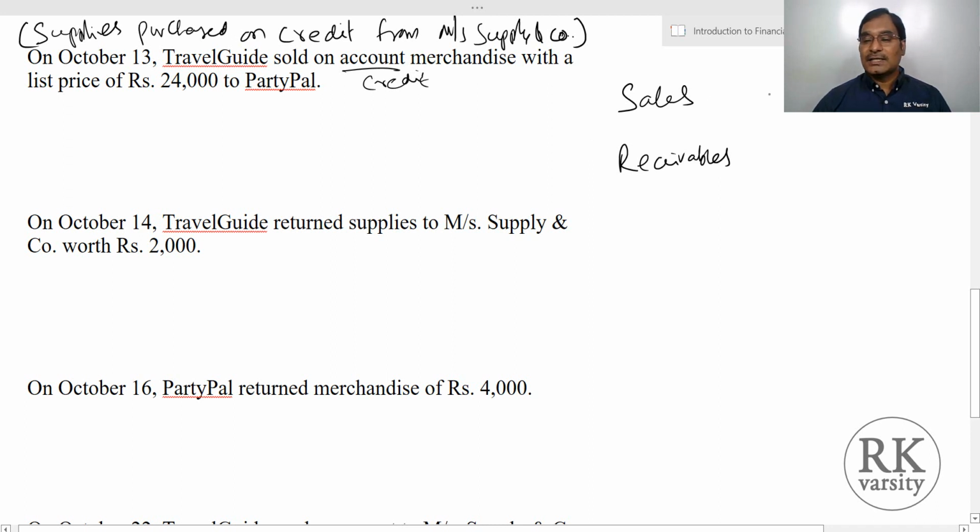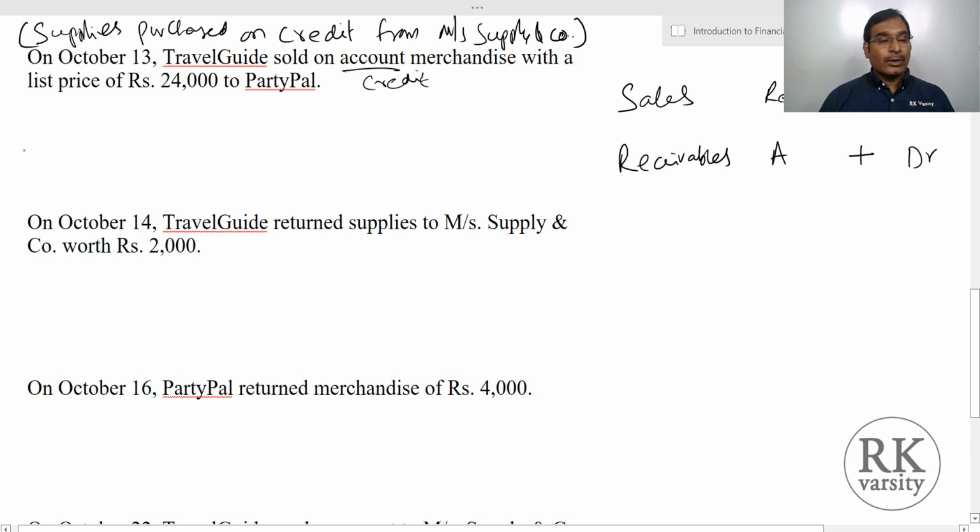So sales is your revenue, receivables is your asset. Now what has happened to the asset? Asset increases, sales also increase. When an asset increases, we debit, and when revenue increases, we credit.